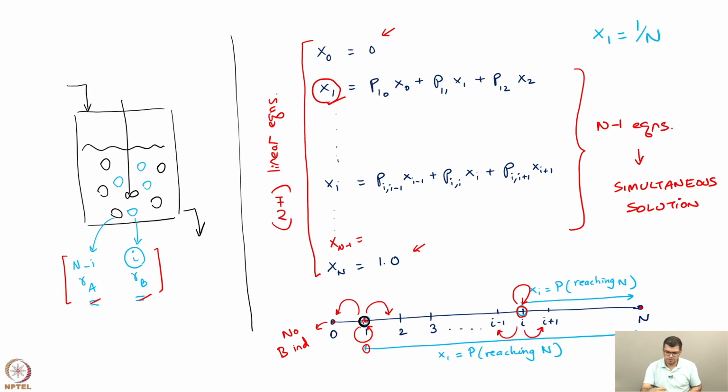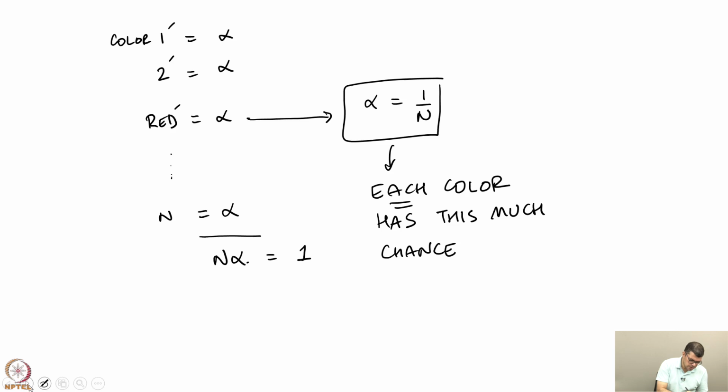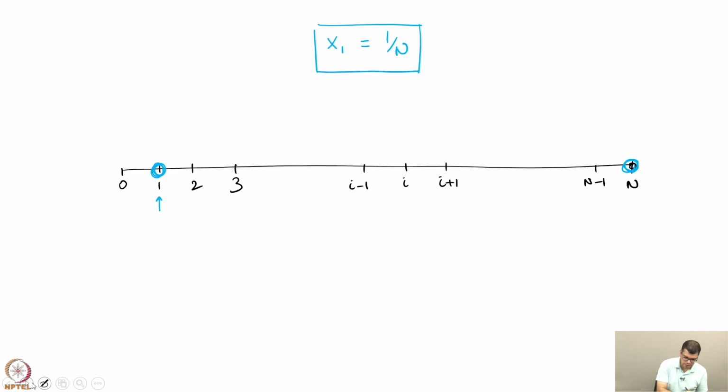In fact, if we solve these equations, xi is simply going to be equal to i upon n, which is great. Let us go back to the number line and do this there. So, from the equations we get xi is equal to i upon n.